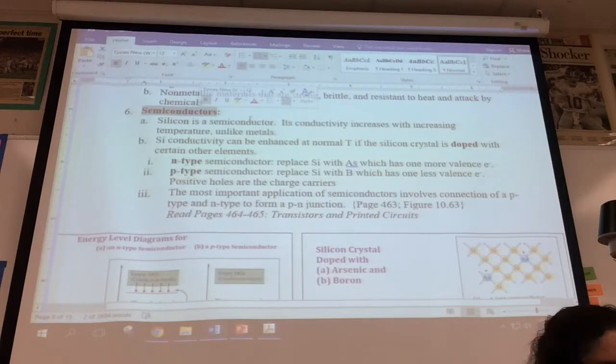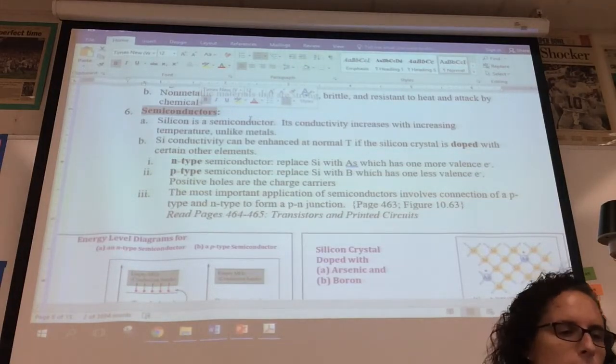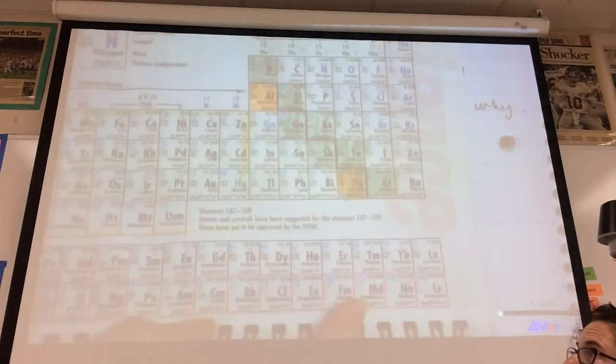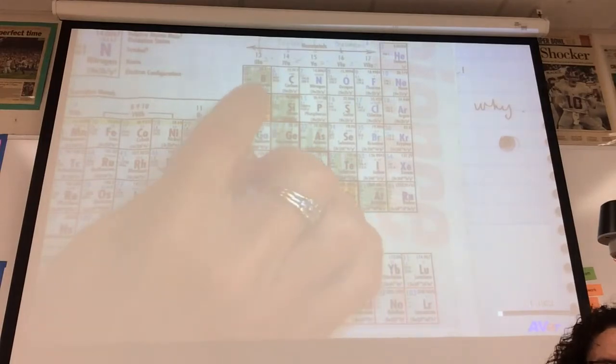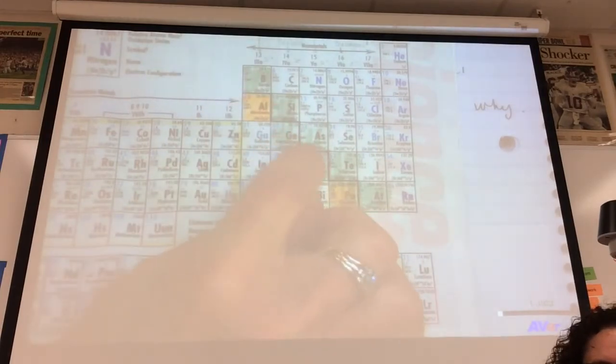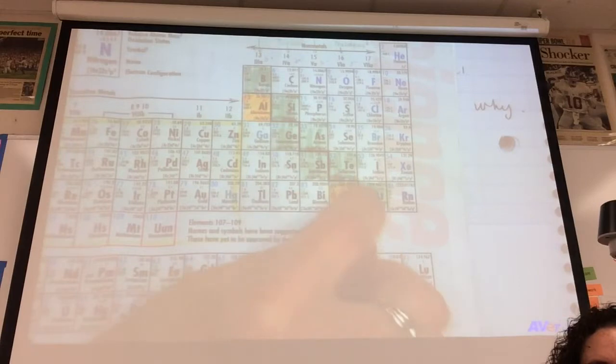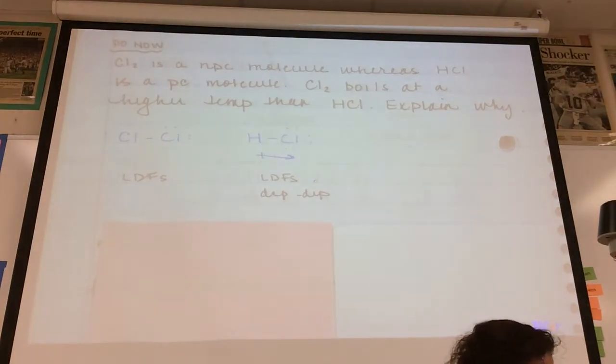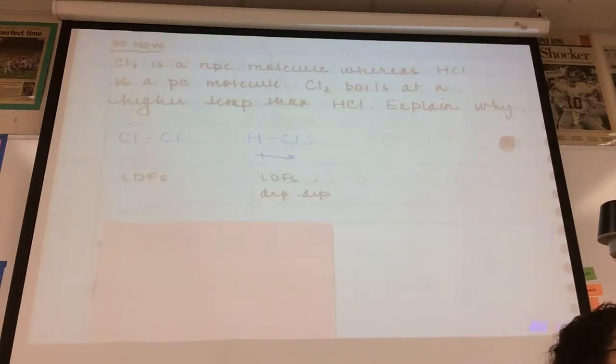Semiconductors are, of course, along the stair-step line. For example, if you look at a periodic table, your metalloids are going to be boron, silicon, germanium, arsenic, antimony, tellurium, astatine. These are considered metals here. And these are semiconductors, and they're not going to conduct electricity as well as metals, but they will conduct better than nonmetals.